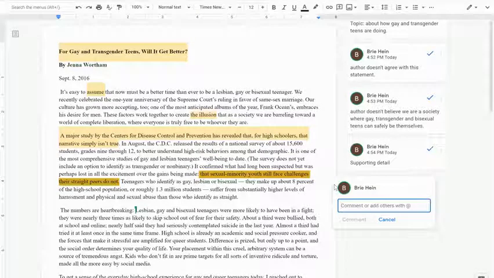So why is Jenna Wortham writing this article? I think that Jenna Wortham is writing this article to, let's see, my main idea or the purpose seems to be to persuade people that our sexual minority youth still face challenges.